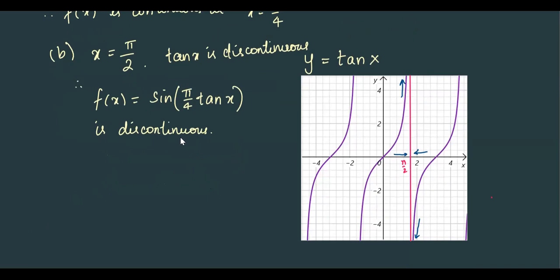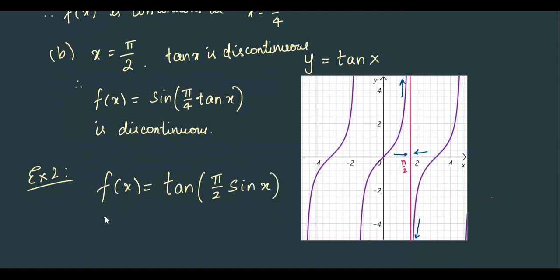The same we can do in this way. Just I reverse the example. Let's say f of x is tan of pi by 2 sine x at x equal to pi by 2.